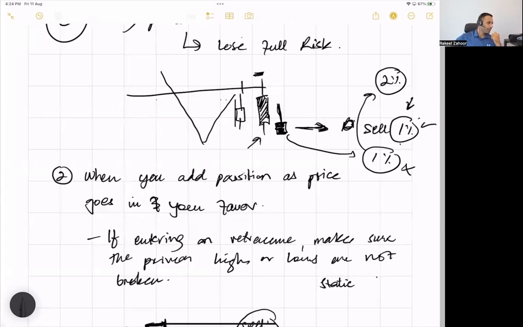Stop loss on the break of the previous... What are you trying to ask?